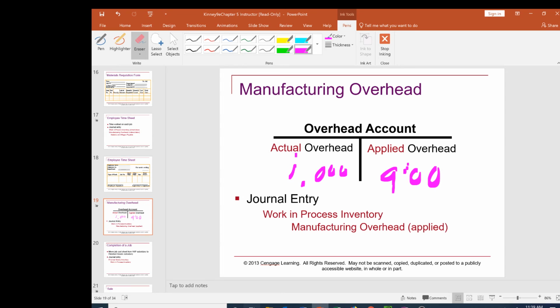I'd be under applied by $100, wouldn't I? Now if I reverse that, I'm under applied by 50. So if you've got a credit balance, it's over. If you've got a debit balance, it's under.